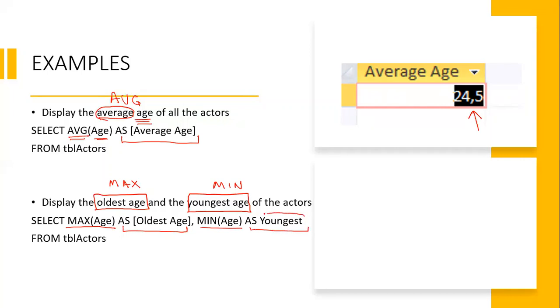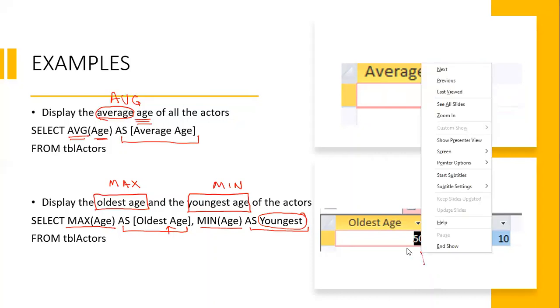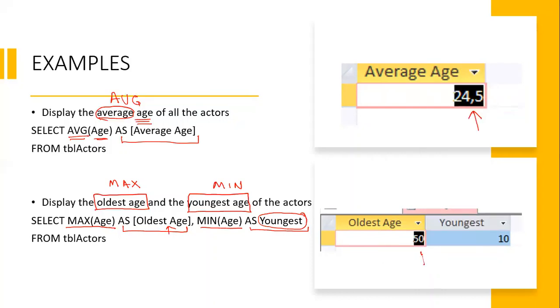Notice no square brackets for this alias because there's no space, as there is with the previous alias, from TBL actors. So if we run this SQL statement, we will see that the oldest age is 50 and the youngest age of the actors in this instance is 10 years.